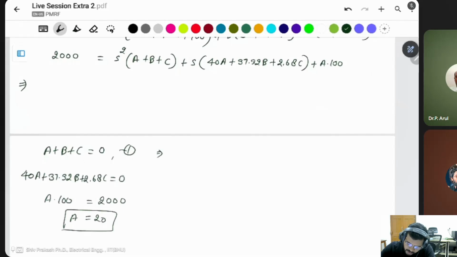A is 20, then what is b in this case? b is c minus 20.